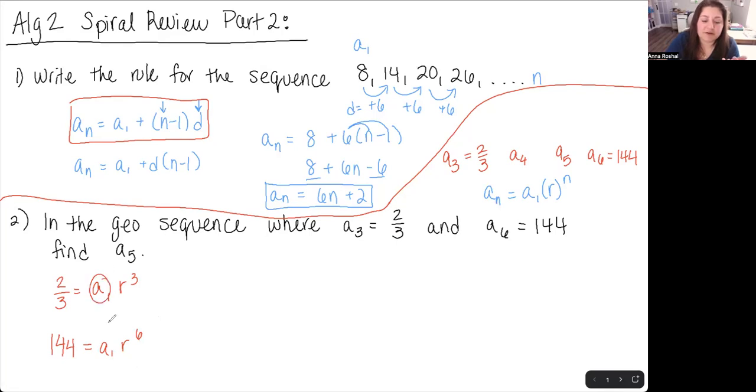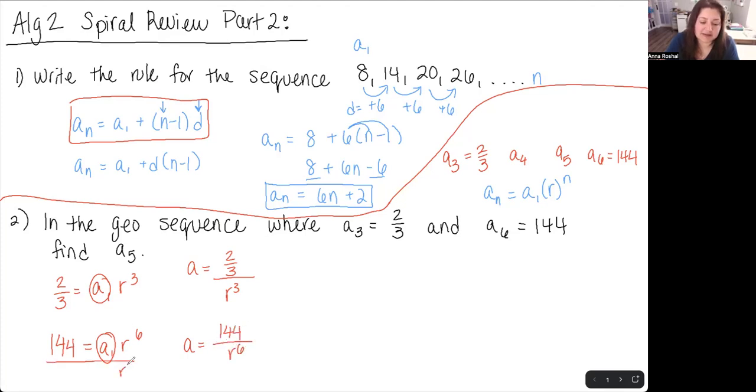One thing that you're going to notice is your a is the same in both cases. So I'm going to get a on its own for both of them. So a is actually 2/3 divided by r cubed. And a is also 144 divided by r to the 6th.